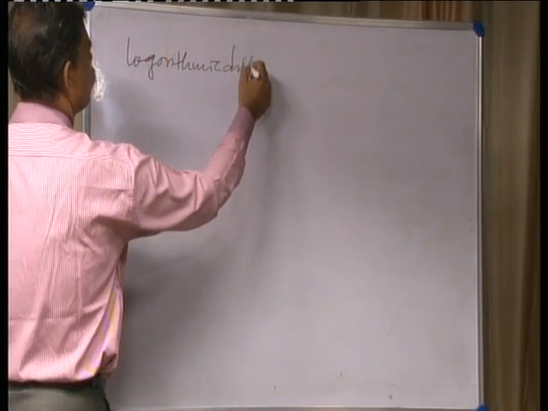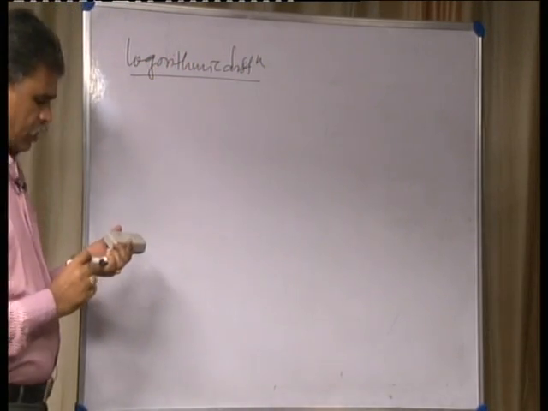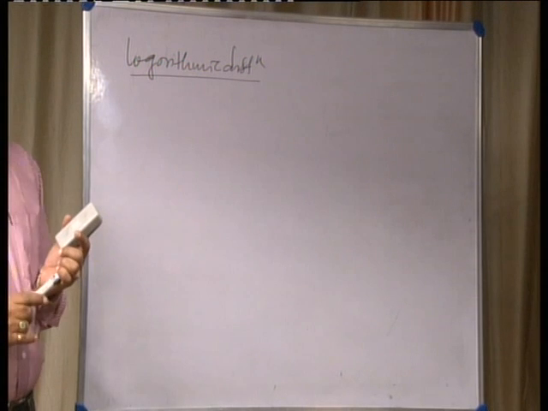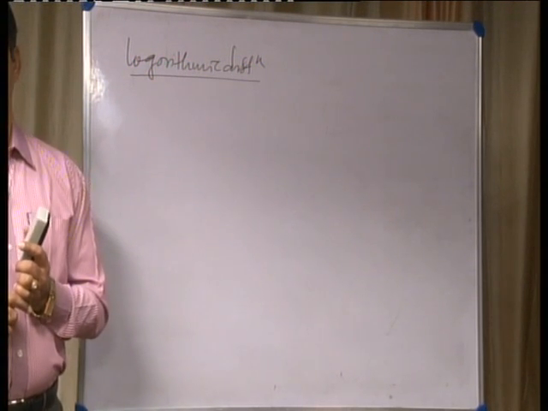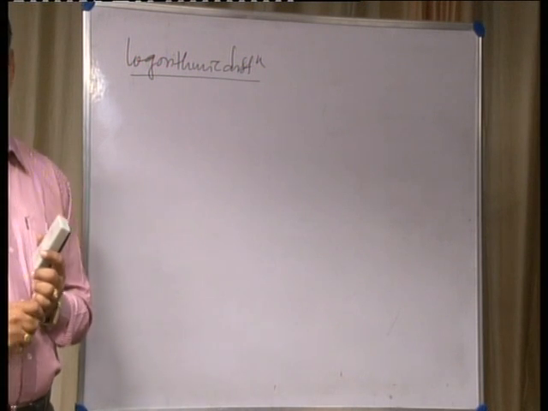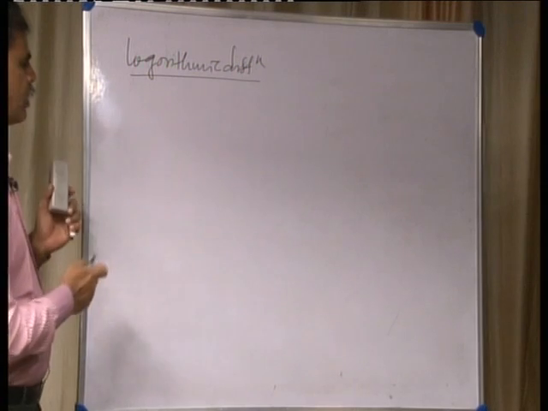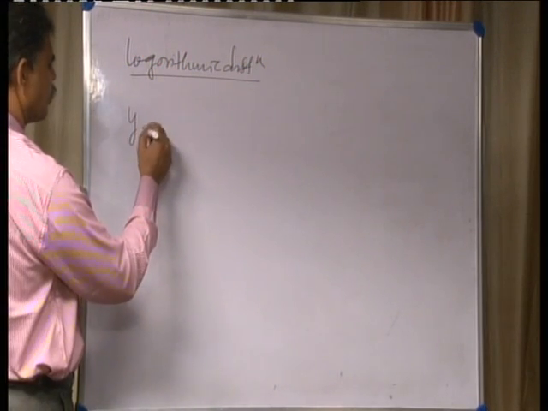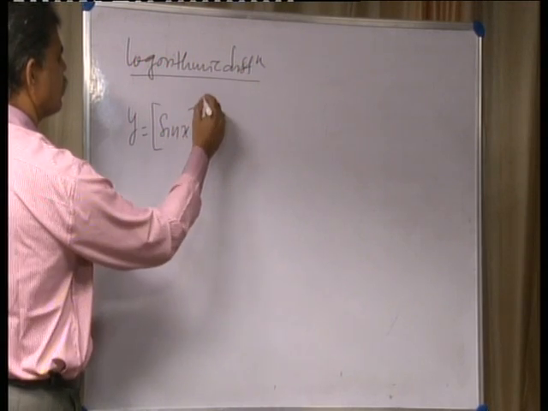So, logarithmic differentiation is nothing but a method for some given functions which we cannot differentiate directly. So, let us take y is equal to sin x to the power of tan x.